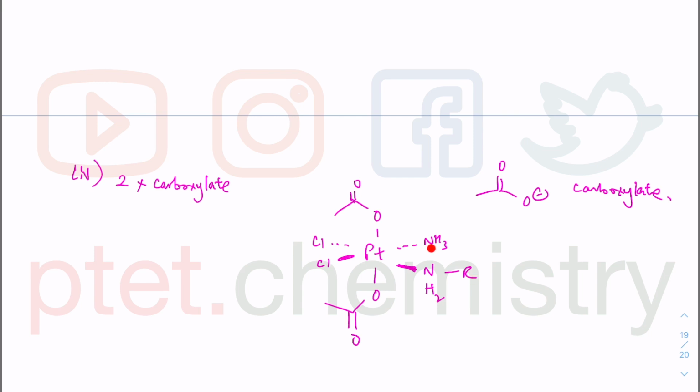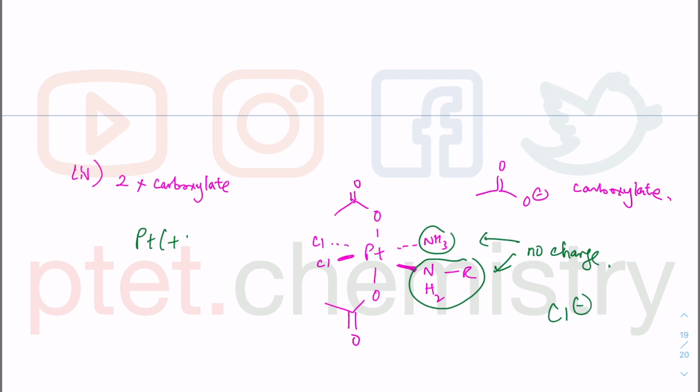RNH2 is just the same as NH3, except you replace one of the H with R. So the NH3 and the RNH2 have no charge. But you also have Cl- that have a -1 charge. You have 2 of them. You have 2 of these carboxylate. So they just want the charge, the oxidation state of the platinum. So it's a platinum +4 because that's the charge on the platinum ion center.